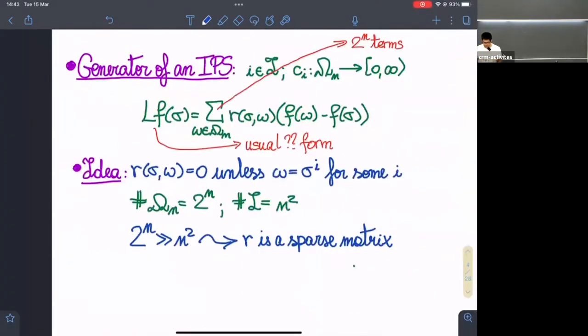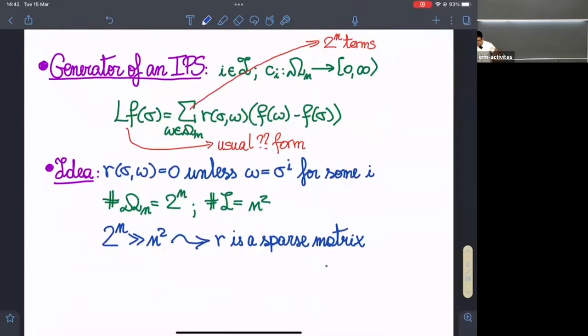So what is an interacting particle system? Remember that the generator of a Markov chain, this operator L, which is written down there, is just a linear operator that tells you more or less how much you expect the function f to change under the evolution of the dynamics.